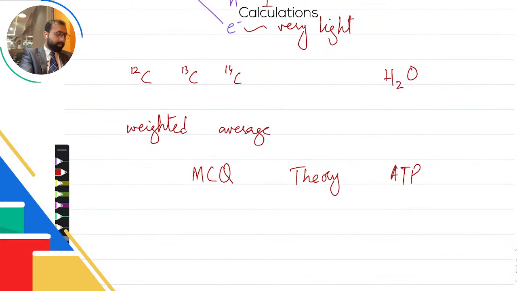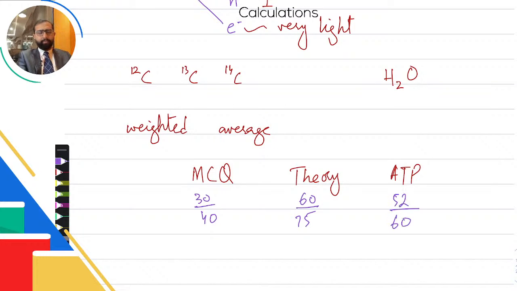Now, let's say the examiner says that somebody got a result. In the MCQ paper, they scored 30 out of 40. In the theory paper, they scored 60 out of 75. And in the ATP paper, they scored 52 out of 60, right? So what's the total percentage, total marks? I just add it all up, right? That's what we would do if we were just taking the average.